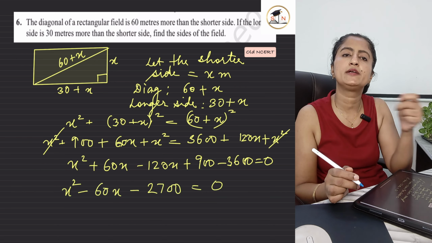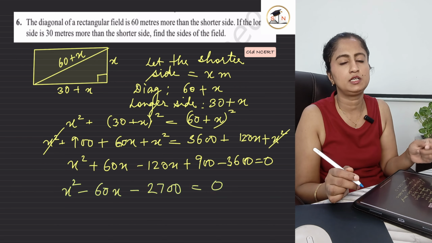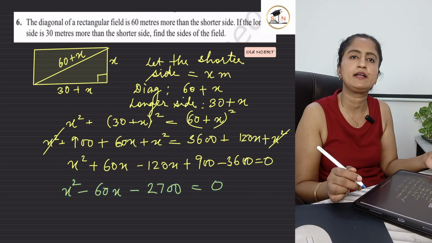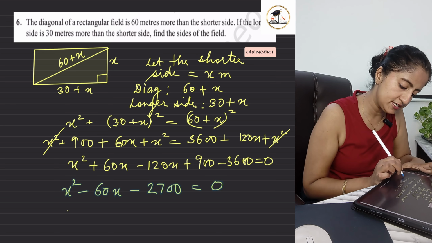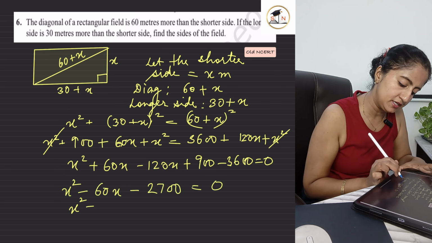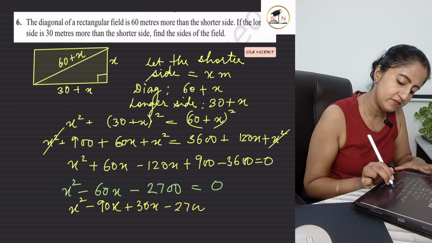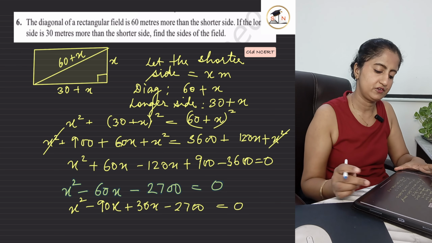Now yes, 2700 is a big number, but if you see the middle term is 60, the constant is 2700. 2700 is a product of 30 and 90 and the difference is 60, so I can easily find the factors. I'll obviously resort to splitting the middle term. We have minus 90x plus 30x minus 2700 equals 0, right?